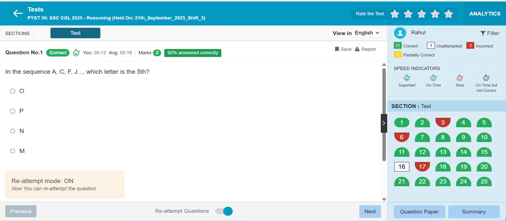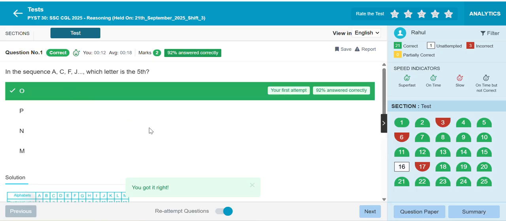In the sequence we can see A, C, F, J. Between A and C there is one alphabet, between C and F there are two alphabets, and between F and J there are three alphabets. So between J and the next letter there should be four alphabets, which are K, L, M, N, and the next letter will be O.